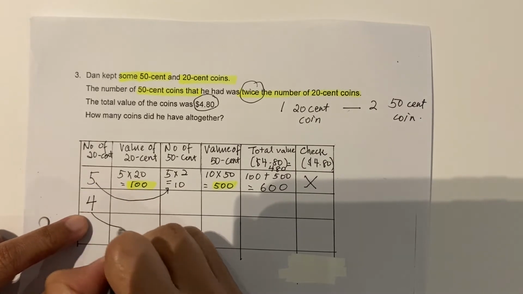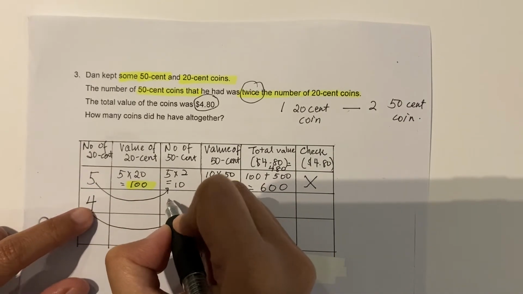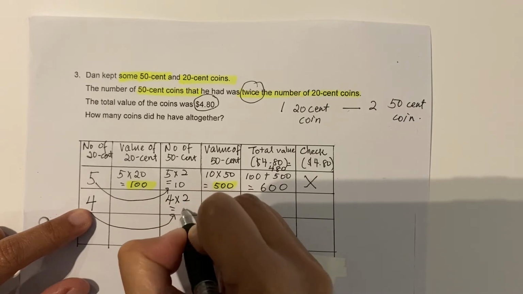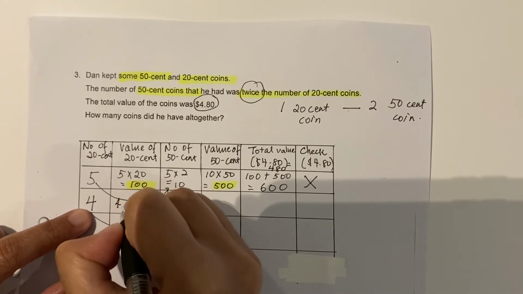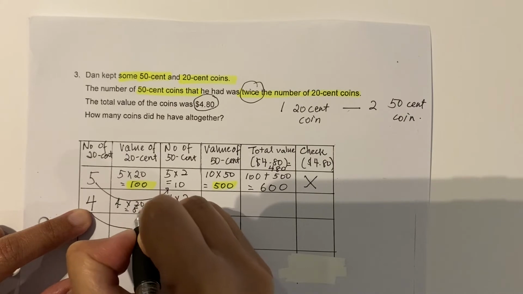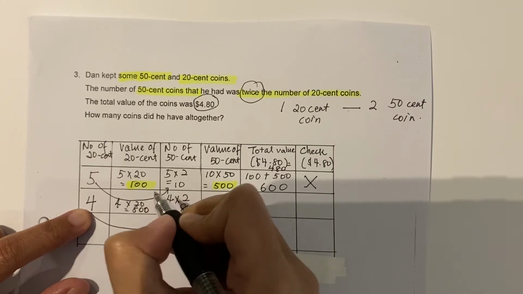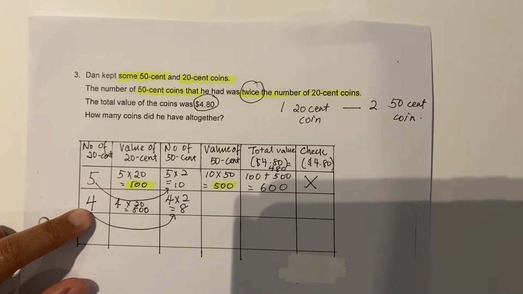So that's 4. So if that is 4, twice of that will be 8. So here will be 4 times 20, and that's 80 cents.